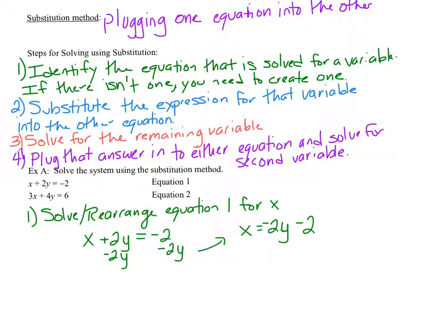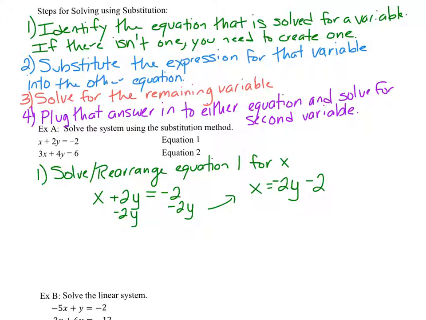Or its original version. So step 2 is we're going to substitute that expression. I'm going to take this part, what x is equal to, and I'm going to put it into my second equation. So I rearranged it, I've got x equals this, and I'm going to put it in for that x right there.